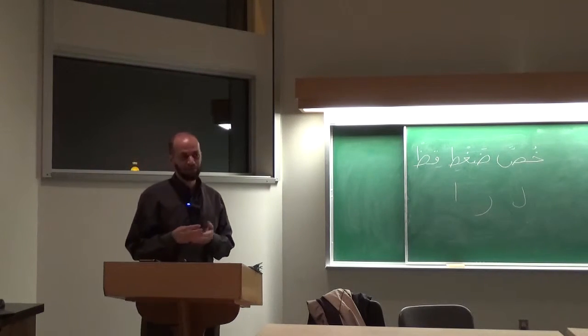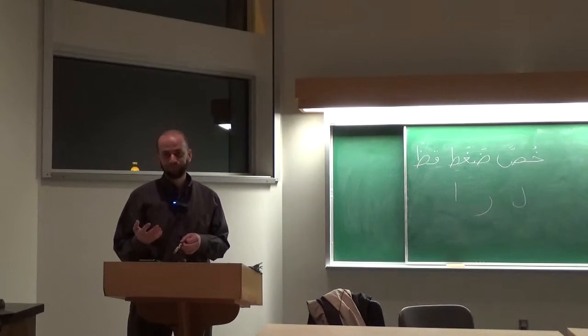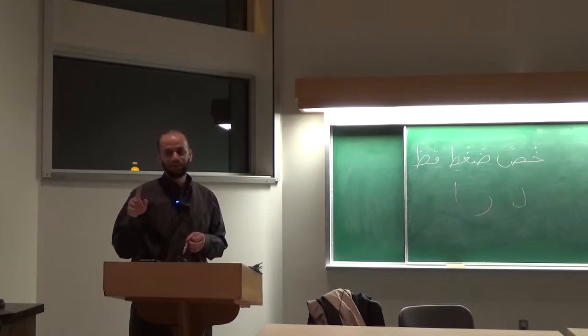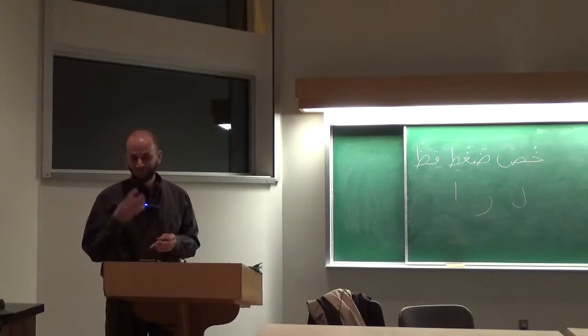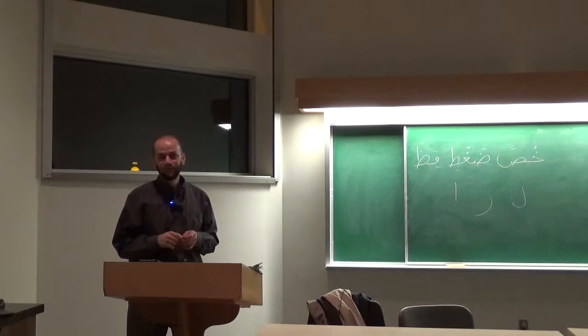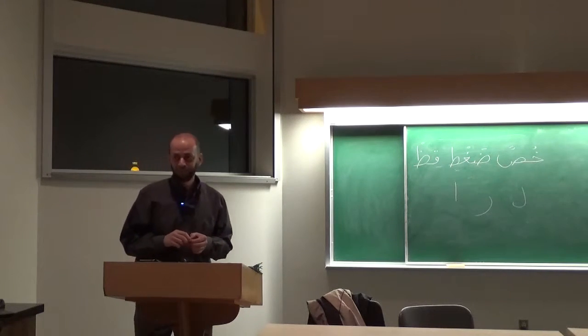If I say the word tara, for example, with the ta, you hear ta, right? If I say the word sara, you hear sa. This is the sound that you hear for the alif. Sara and tara. You see the difference.